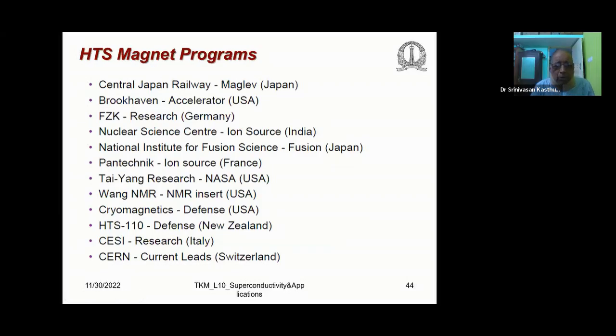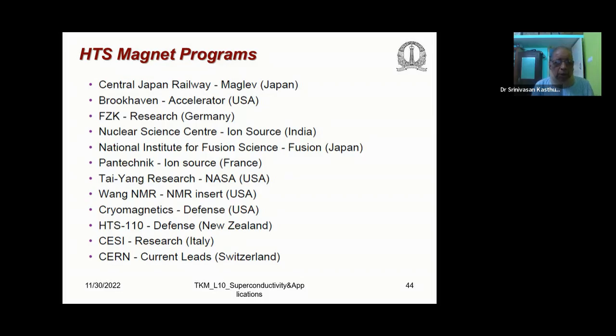There are a number of high temperature superconductor magnet programs: Central Japan Railway Maglev, the Brookhaven Accelerator Program, the Forschungszentrum research center in Karlsruhe, Germany, the Nuclear Science Center in India, which is now known as IUAC, in Delhi.